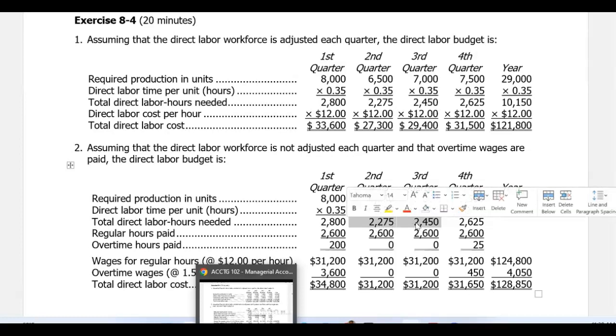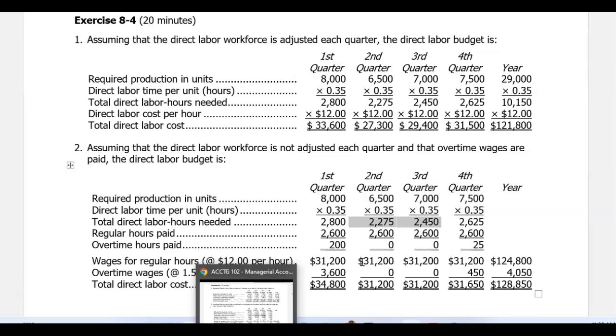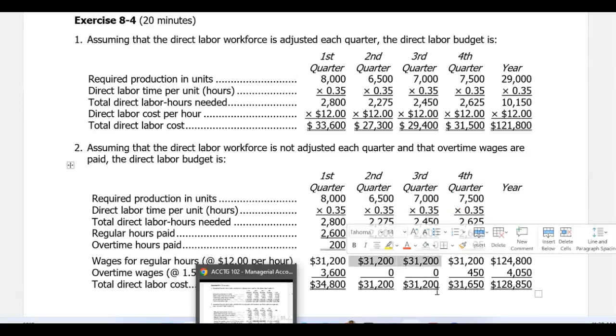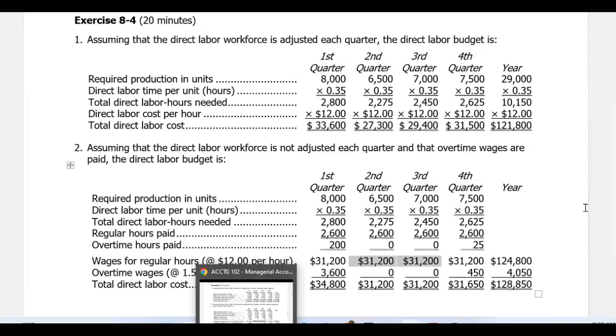So they work less, but are paid the same thing. That's why here we're gonna pay them $31,200 no matter what, because it's not adjusted. We don't have work, we let them stay and we pay them. But in quarter one and quarter four, we end up paying them overtime. Make sense?